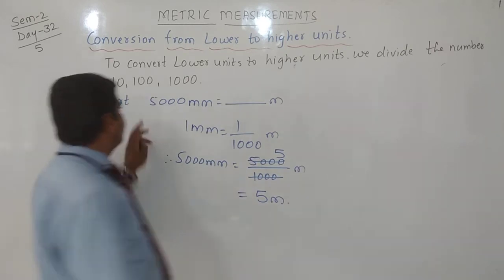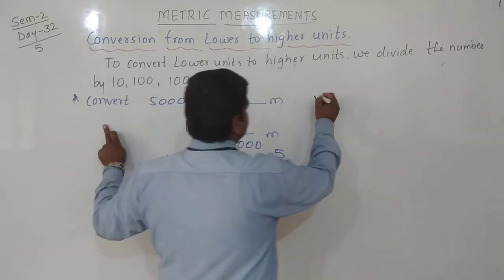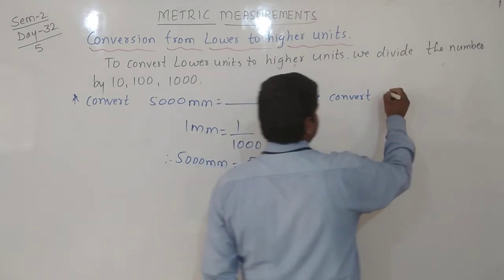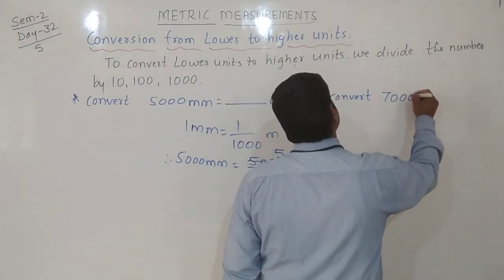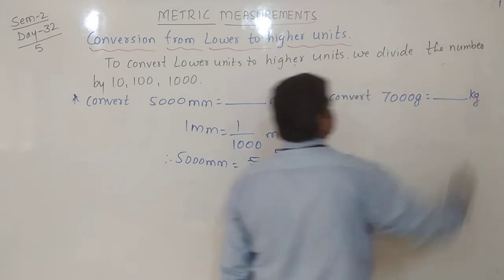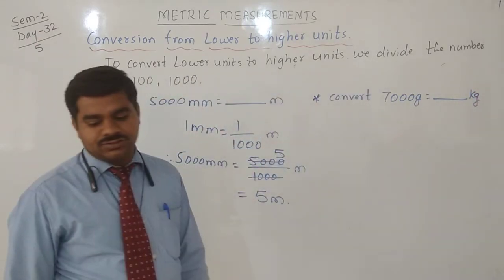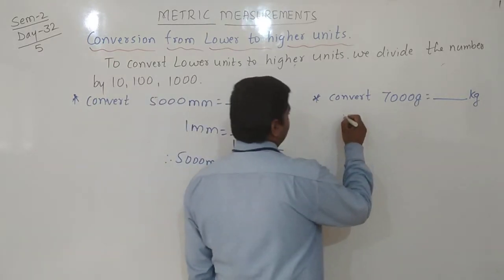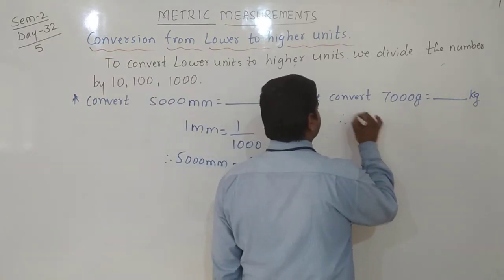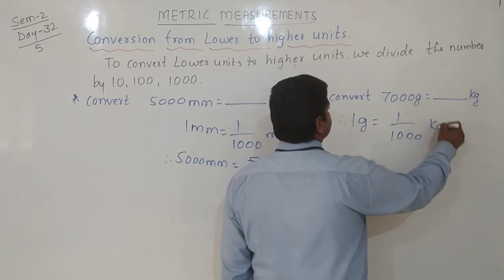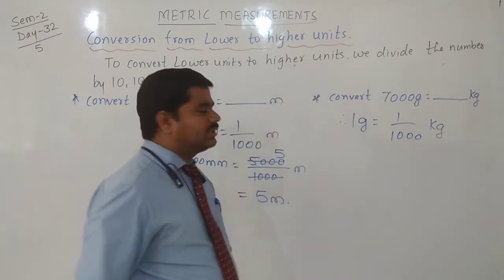Very simple. One more. Convert 7000 grams to kg. That is also the same thing. Here we know that 1 gram is equal to 1 by 1000 kg.